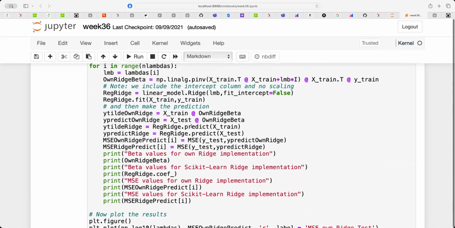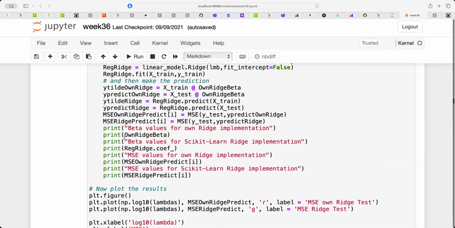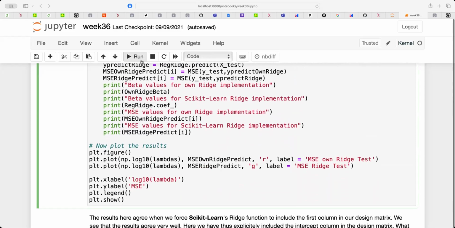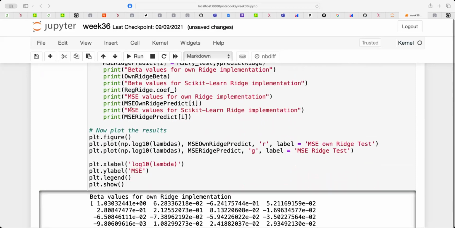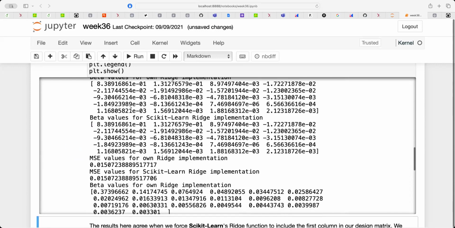So the design matrix is just plugged in as it should. I'm not subtracting the mean values here. And then I'm making the prediction with my own code and ridge, and then I'm making the plot here. There are two things to watch here. If you look at the plot first, now let's take a look at the plot.